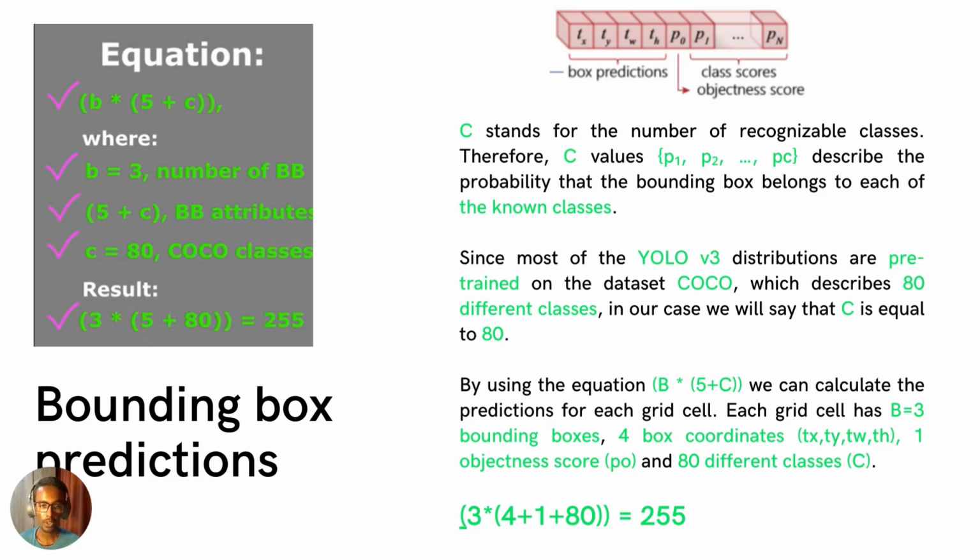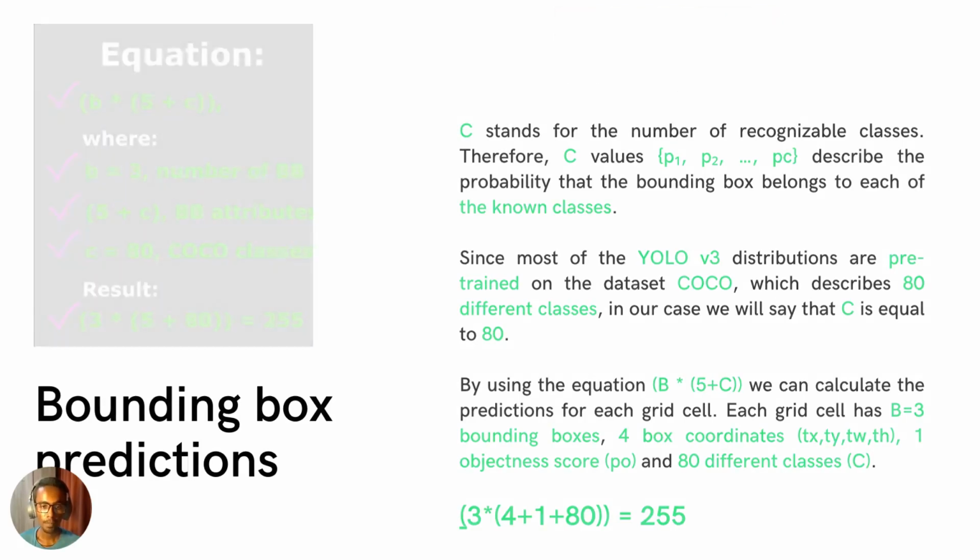And we have one objectness score, which describes whether there is an object within the bounding box. And we have 80 different classes. So in total, we multiply 3 by the summation of 4 coordinates, 1 objectness score, and 80 different classes, and we're going to have 255 predictions for each cell in the output.